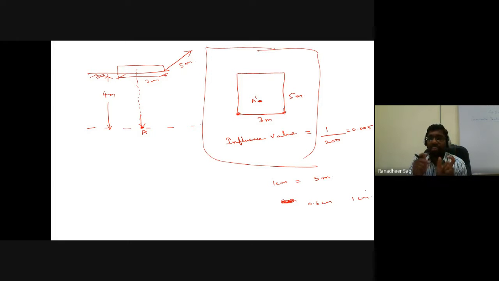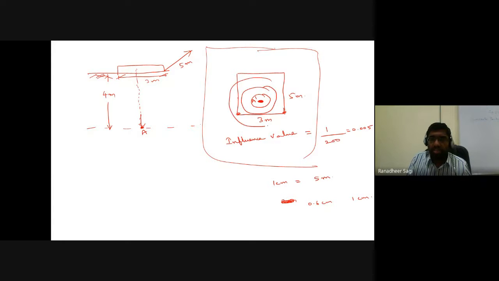So a width of 0.6 centimeter has to be drawn to a proper scale on your tracing paper, and a length of 1 centimeter accordingly. Draw that dimension, overlap that tracing paper on your Newmark chart, with point A dash overlapping the center of your concentric circles.